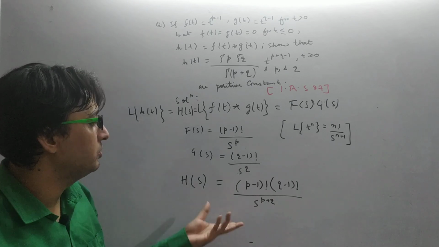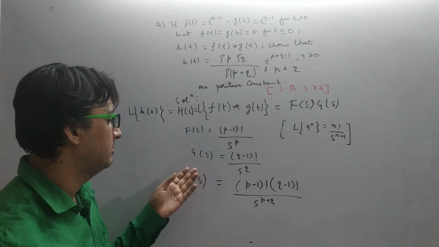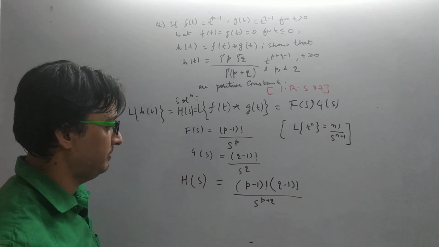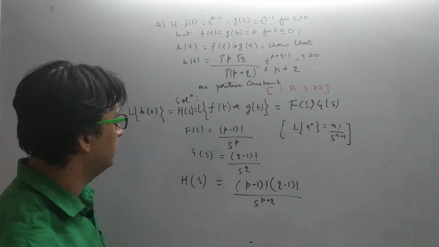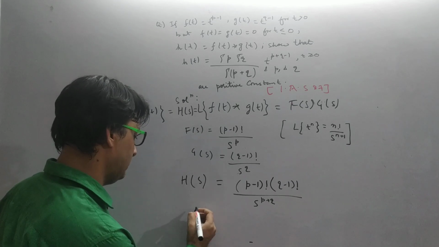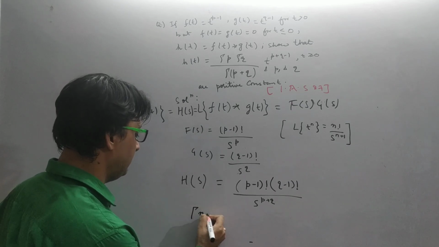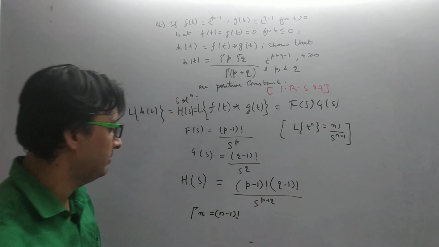Now what we have to do is invoke the inverse Laplace transform. Before we do that, let me write one use of this property. Gamma n is equal to n minus 1 factorial.